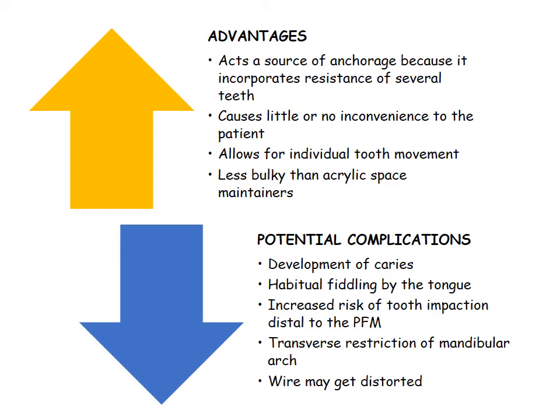Then habitual fiddling by the tongue might cause distortion of the appliance, and increased risk of tooth impaction distal to the permanent first molars. And then there is transverse restriction of the mandibular arch, and the wires may get distorted.